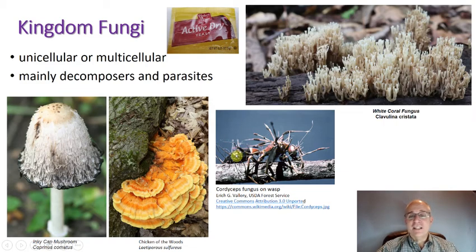It can actually change the behavior of the animal that it parasitizes. And when it finally killed the wasp, you can see it sprouting fruiting bodies out of the wasp. And the spores that you find on these fruiting bodies, if they land on another wasp, they will infect that wasp and cause this to continue. So pretty cool, nasty stuff.